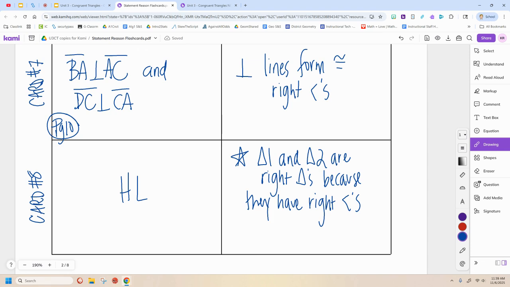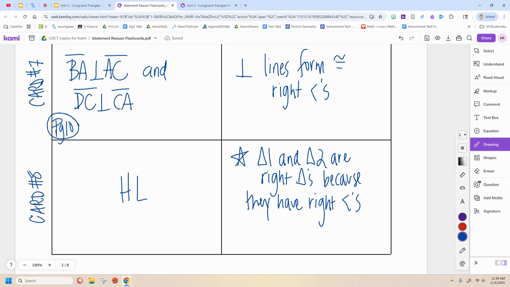Okay, so the way that I would choose to use these 3x5 cards, I'm just going to give you an example. The first thing I might do is just hold my cards and look at the reason sides and read them over and over to myself, because I need to be able to put down perpendicular lines form congruent right angles.